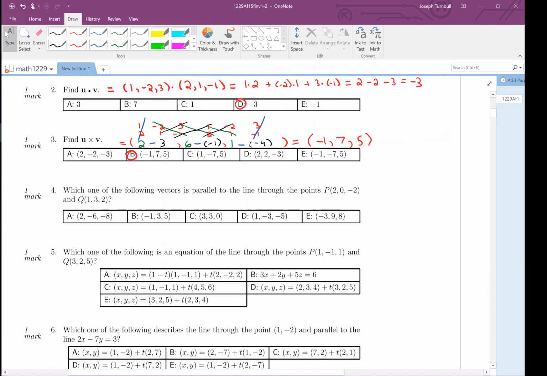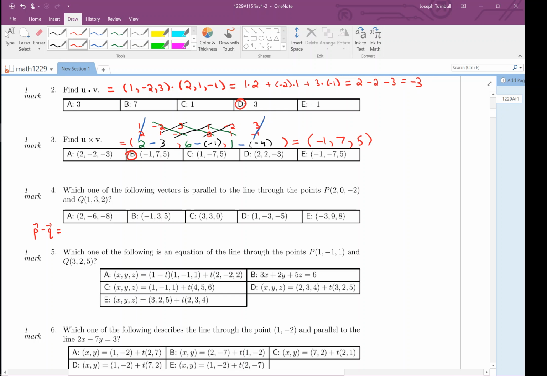Okay, number 4. Which of the following vectors is parallel to the line that goes through the points P and Q? So this could have many answers. We'll try first of all to get the easiest one, P minus Q. Or Q minus P. It could be the reverse.